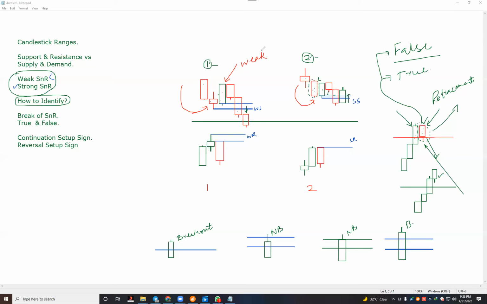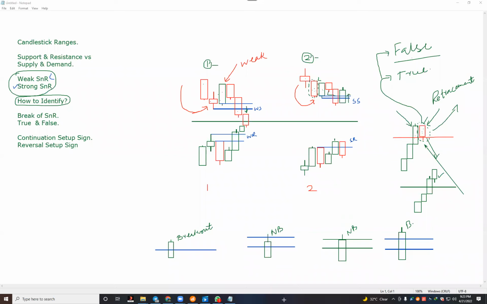Here again, this is a weak resistance. When the buyers break it, they will continue. And when the strong resistance is broken, these sellers will again enter the market. Right? Yes.